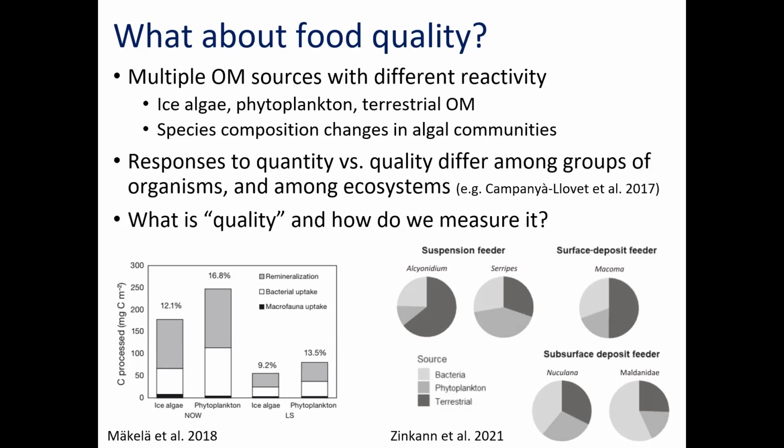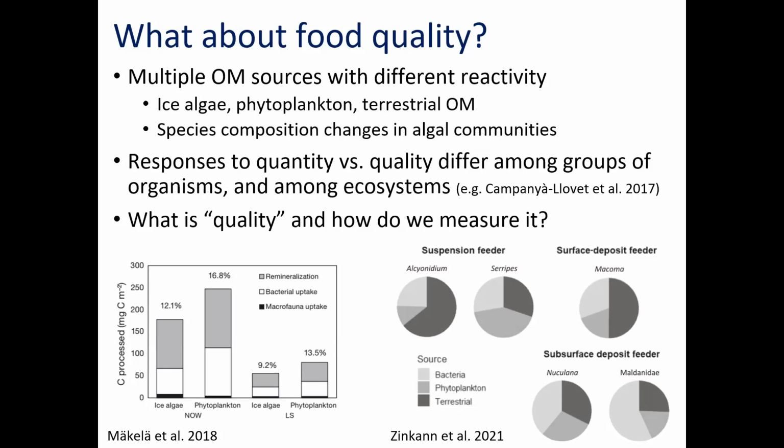On the right is another example from a grad student from my department who used compound-specific amino acid isotope approaches to try to track bacteria, phytoplankton, and terrestrial organic matter into the benthic food web. And she asked the question of whether different feeding types use different components of the food source in different proportions.